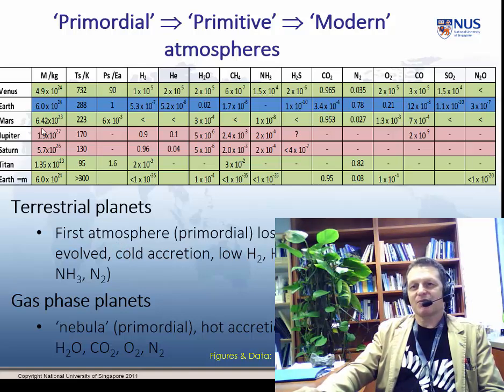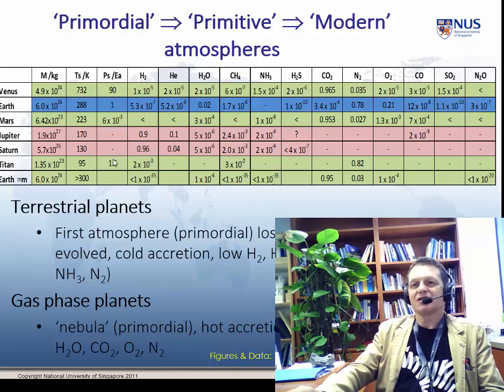Let's look at the gas planets first, and you can see that the atmospheres are pretty similar in terms of composition. 90% hydrogen, bit of helium in there, tiny amounts of water, and so on and so forth.